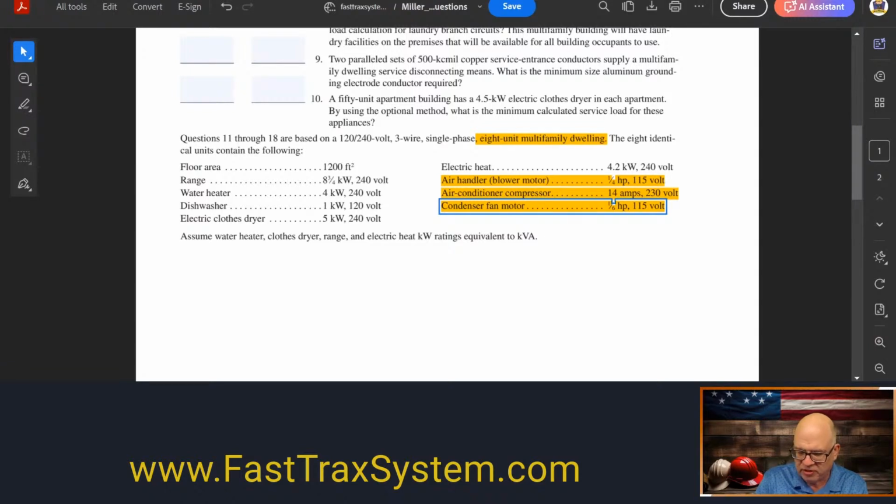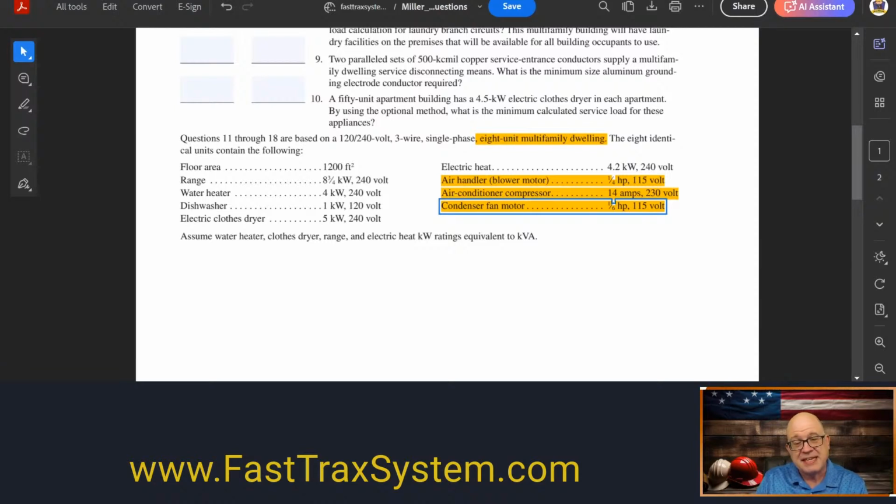The AC was 667 for the air handler, 3,220 for the compressor, plus 506 for the condenser fan motor. So that's a total of 4,393 VA. That's the air conditioning loads. We haven't done anything yet but adding up stuff.